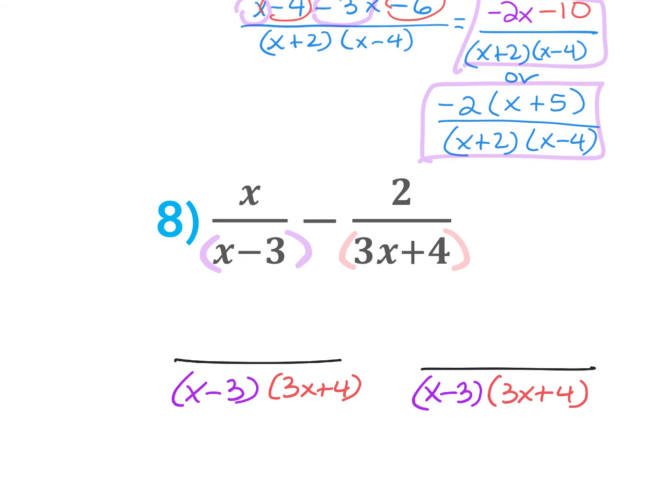So my first fraction is missing the 3x plus 4. So in the top here, we're going to have x times 3x plus 4, and we're going to distribute it in a minute. The second fraction is missing the x minus 3.